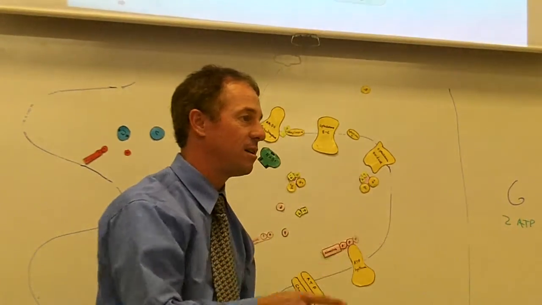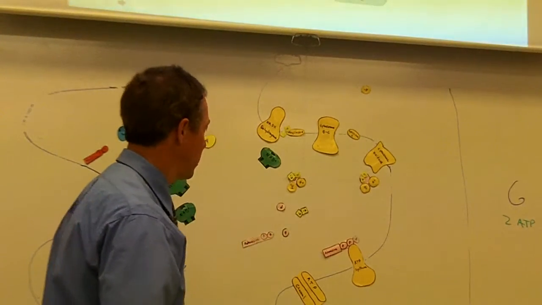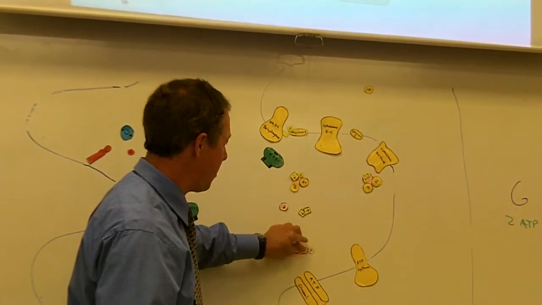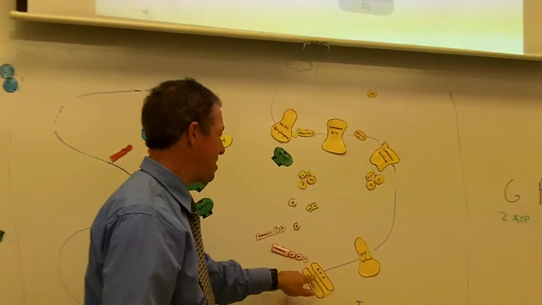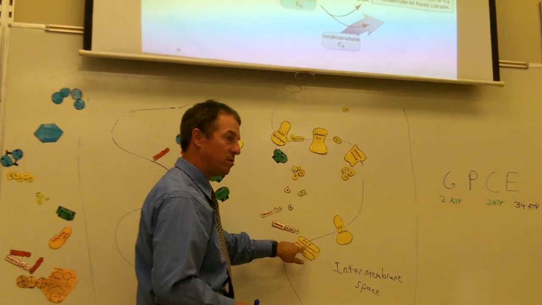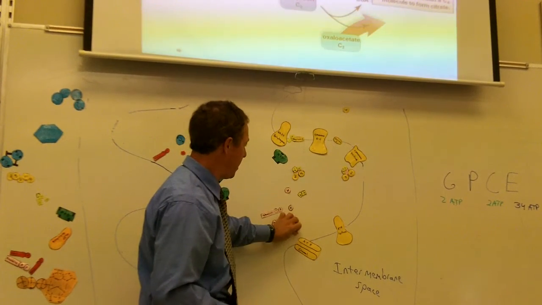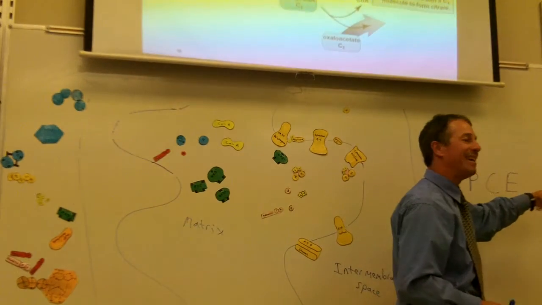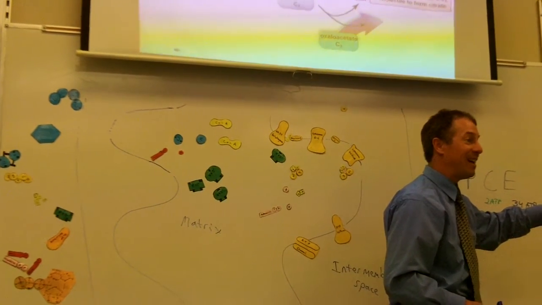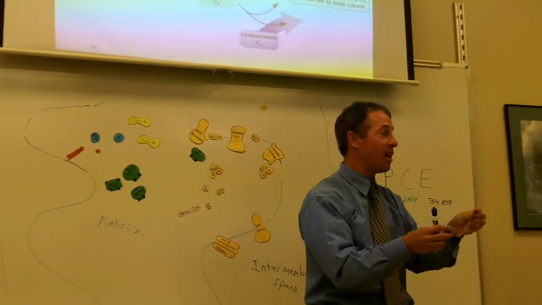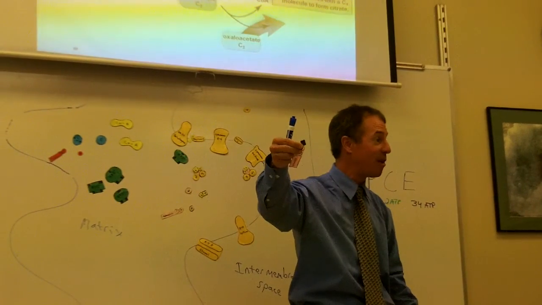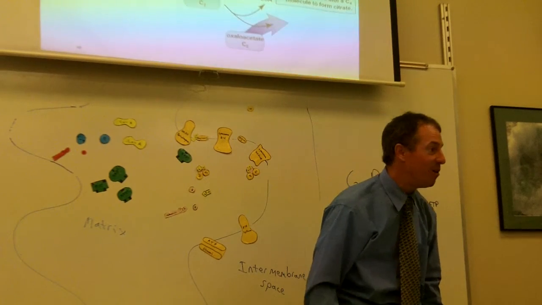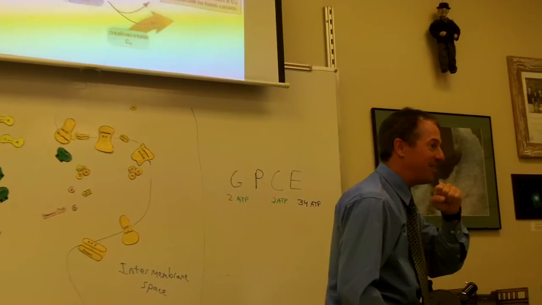Yes? Once ATPs form, where do they go? They diffuse out of the mitochondrion through special ATP channels, which I'm showing you right here. And they go out of the mitochondrion, and now they're in the cell. They just diffuse around the cell until they hit something where they're needed, like the motor molecule pulling a vesicle.